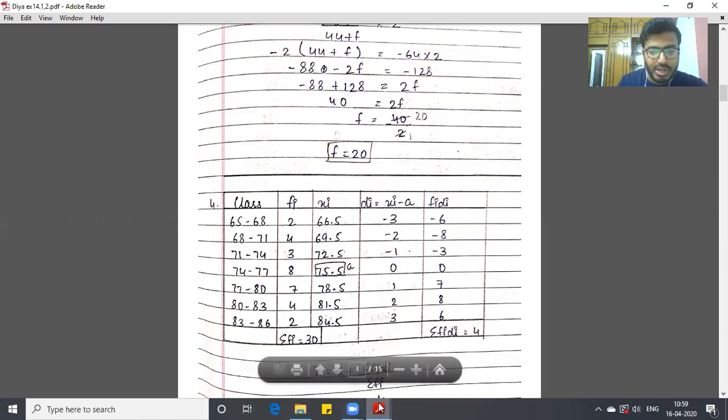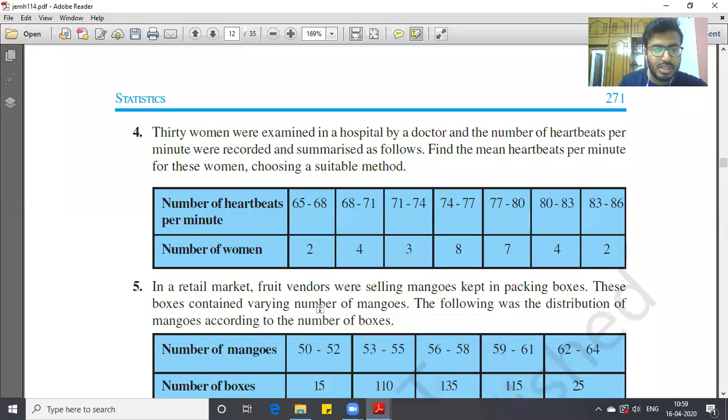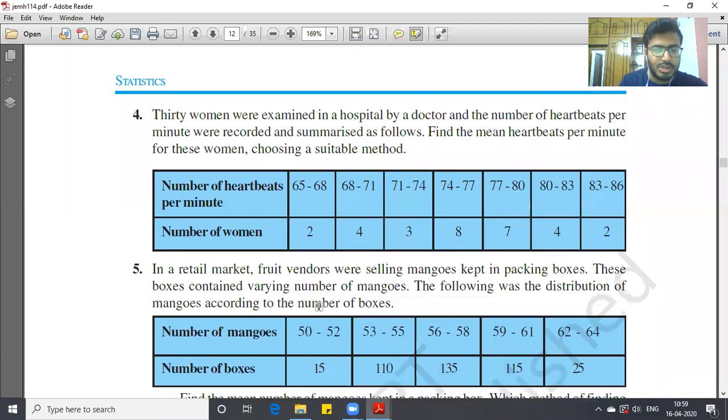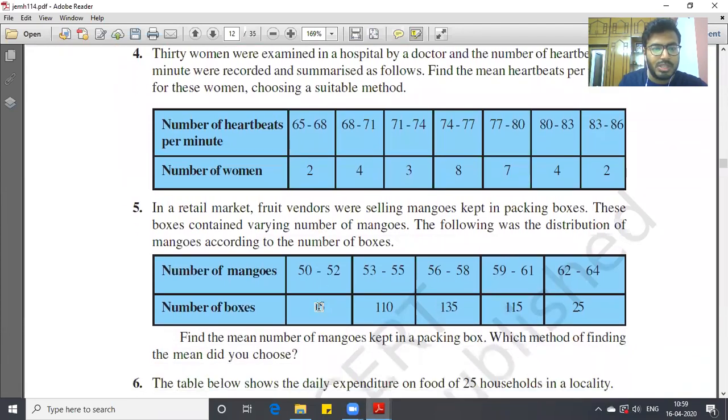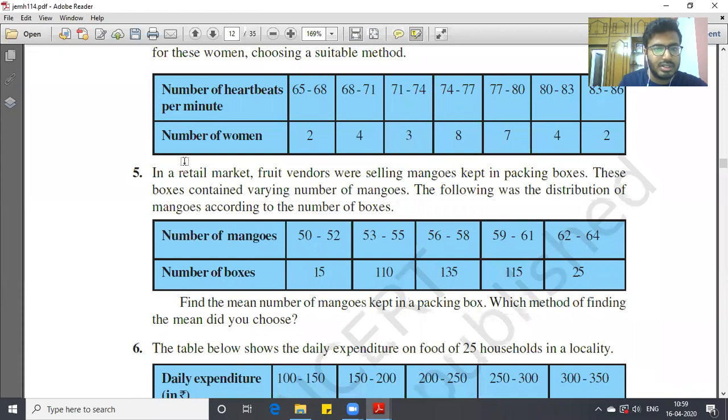Now we'll go into the next sum, the fifth sum. That's what I told you, that we'll discuss it today. Why have I made the fifth sum to discuss today? Here we'll look at the classes first. 50 to 52, then 53 to 55. It is not continuous. Normally, 68 is followed by 68, and 71 is followed by 71. So that is known as continuous.